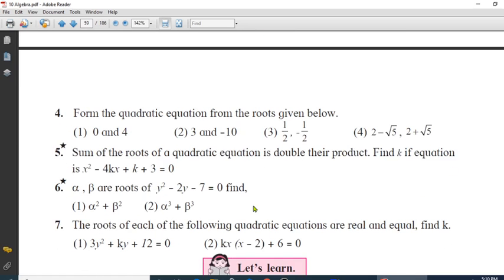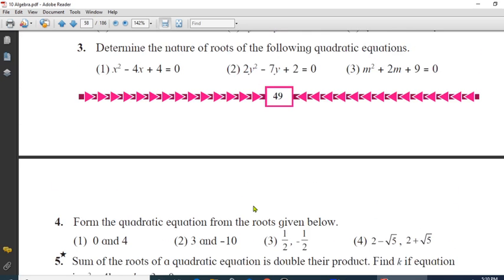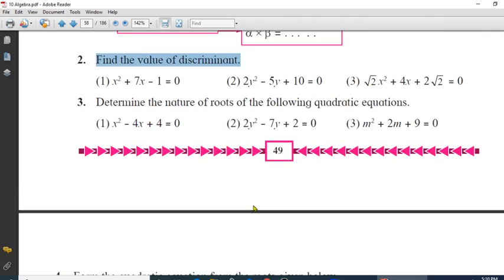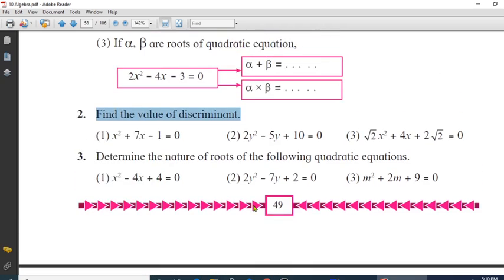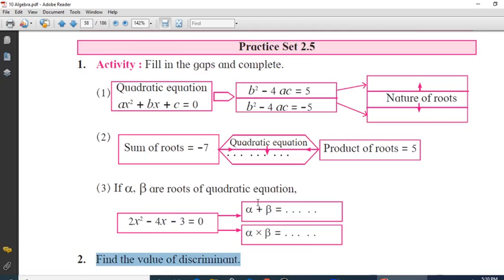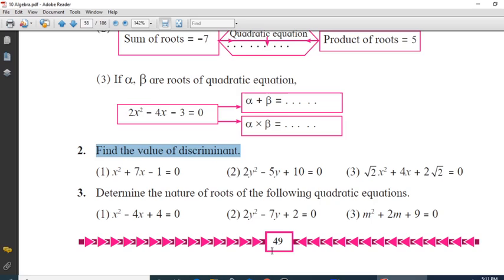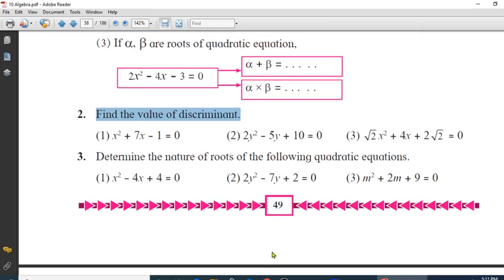So we found three formulae and properties to be known by the students in order to solve these questions from exercise number 2.5. If you haven't watched my part 5, go and watch that video so that you will have a clear idea about the various properties which we need to use. Up to question number 2 we have already done.